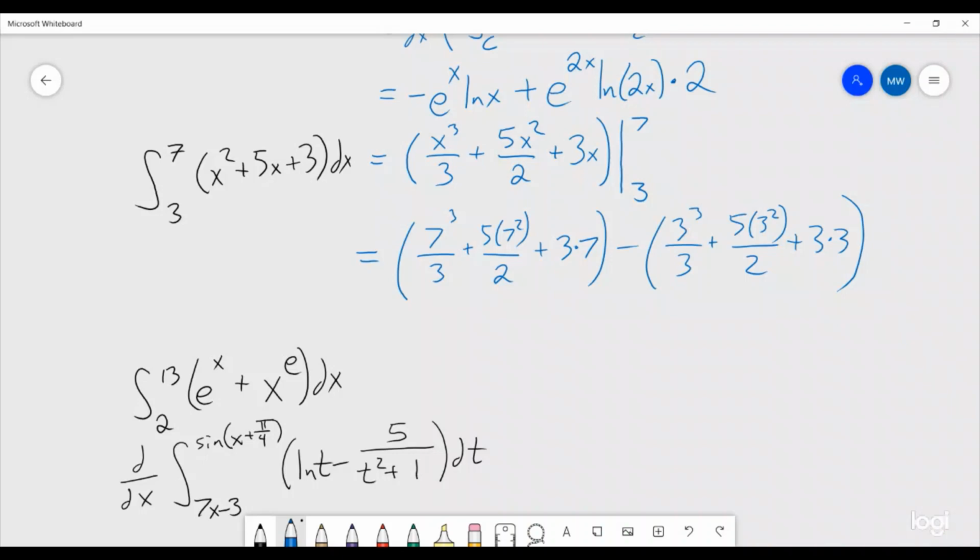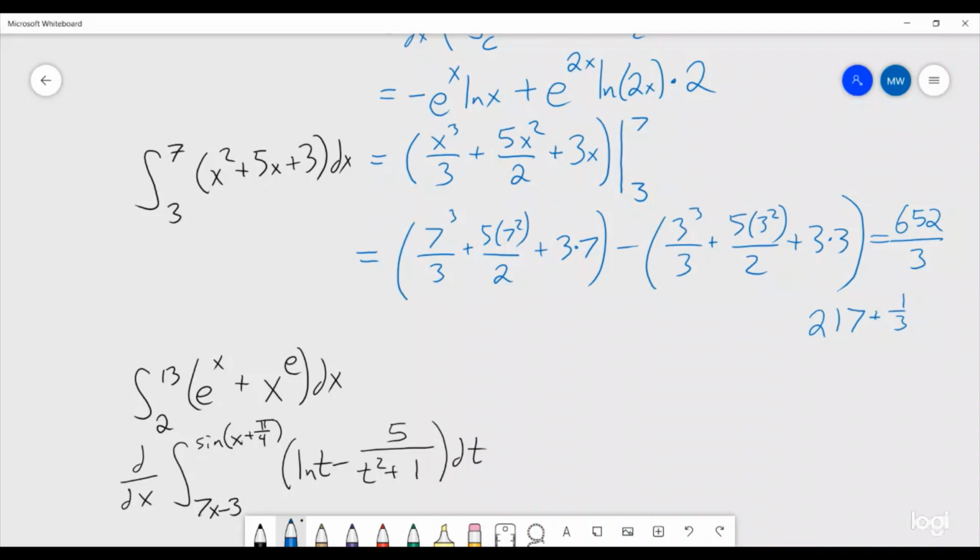So we've got 7 cubed divided by 3 plus 5 times 7 squared divided by 2 plus 21, and then all of that minus 3 cubed divided by 3 plus 5 times 3 squared divided by 2 plus 9, and all of that together goes to 652 thirds, or 217 plus 1/3. And that's what this value would end up being.